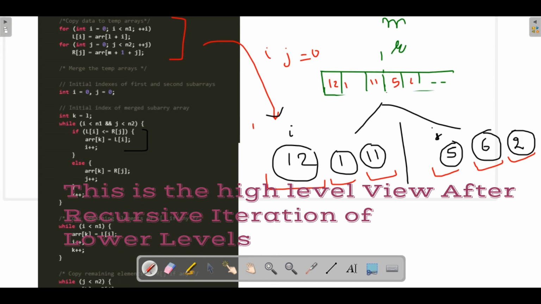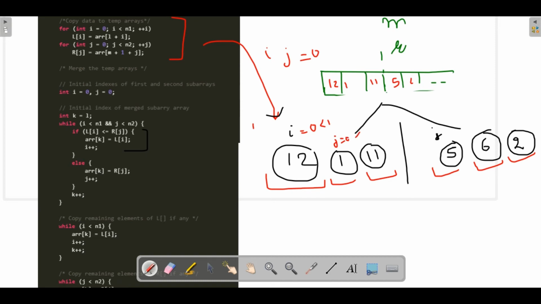So yeah, i is 0, so 0 is less than 1, as well as j is 0, less than 1, because for every iteration, your i and j would vary. First of all, we would be comparing 12 and 1. So this is your left of i, that is 12, and this is your right of j, that is 1.